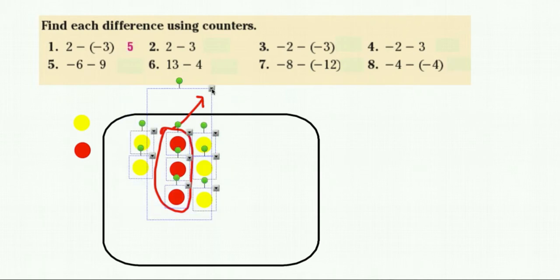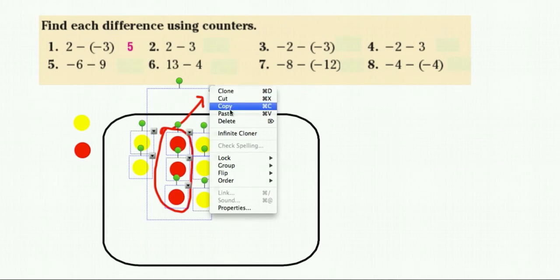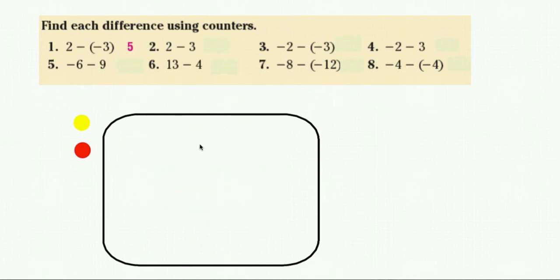Take a look at another example, number 2: 2 minus 3. 2 means 2 positive counters, so we put 2 positive counters, and we need to subtract 3 positive counters as well. But we only have 2 positive counters, so what we need to do is add 1 zero pair to make it 3 positive counters.